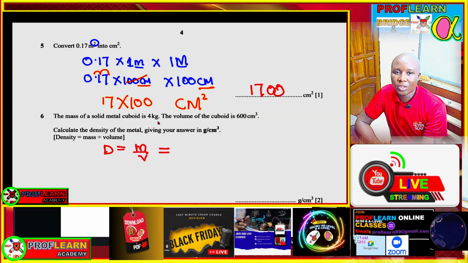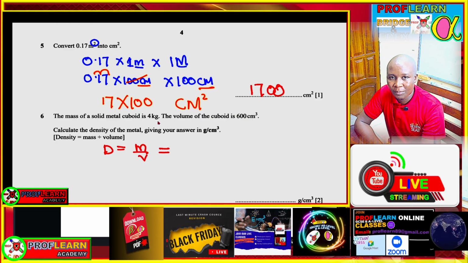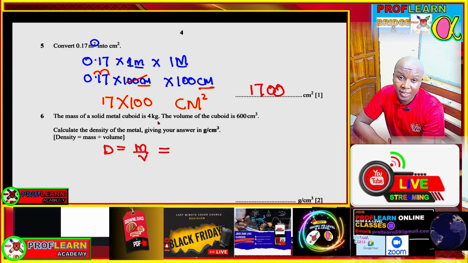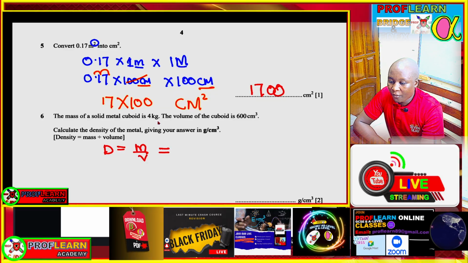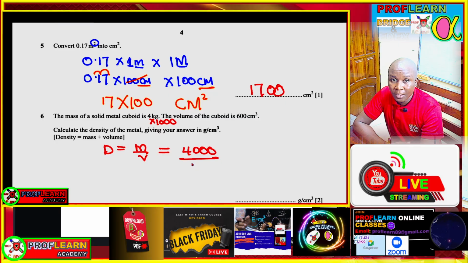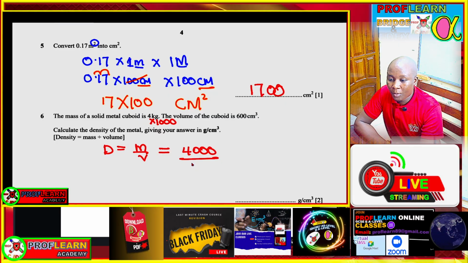So the first thing that we need to identify, mass has to be in grams and volume has to be in centimeter cubic. And for that reason, you can see at this point we have our mass in kilograms. So we have to multiply this by 1000 so that we can have our mass in grams. And once we have done that, we can now divide by 600 centimeter cubic.